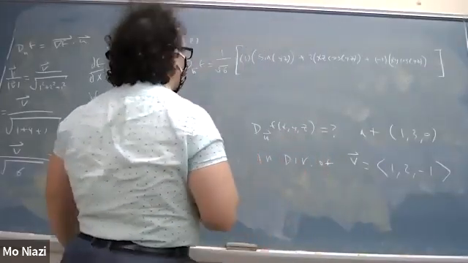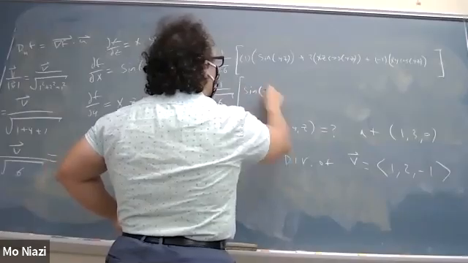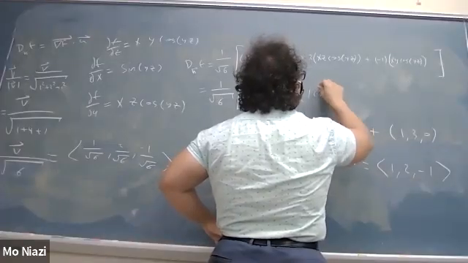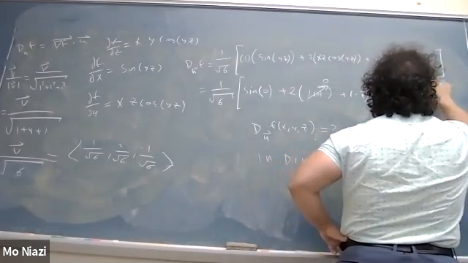Okay. And we want to know what is it at (1, 3, 0). So we just replace our variables in our expression with that. So this all becomes 0. z is 0. One times 3 times cosine of 0 becomes a 1.